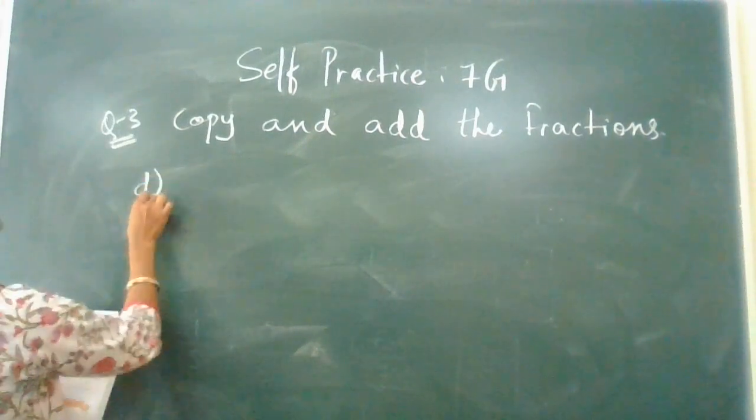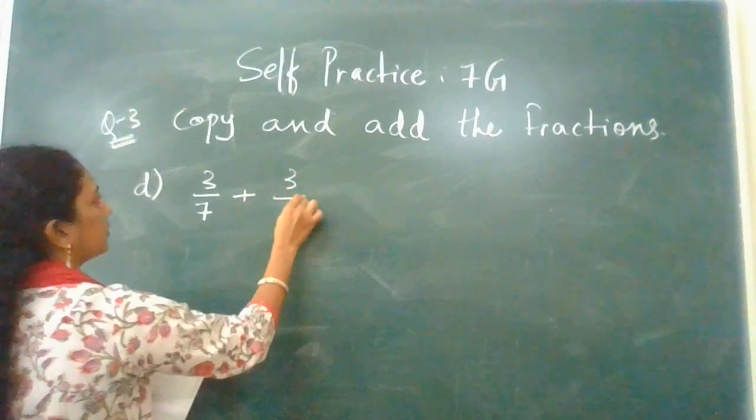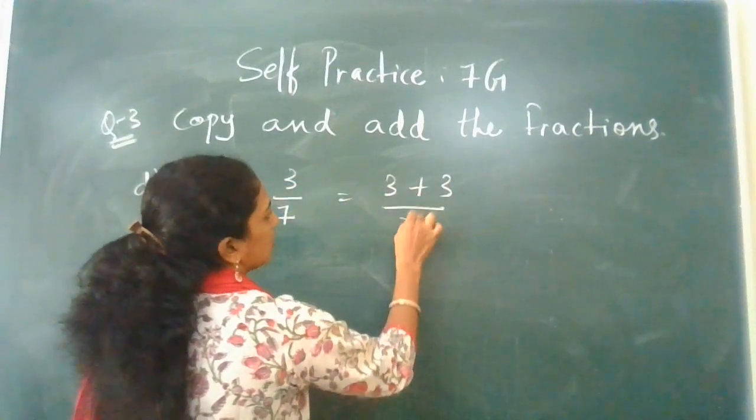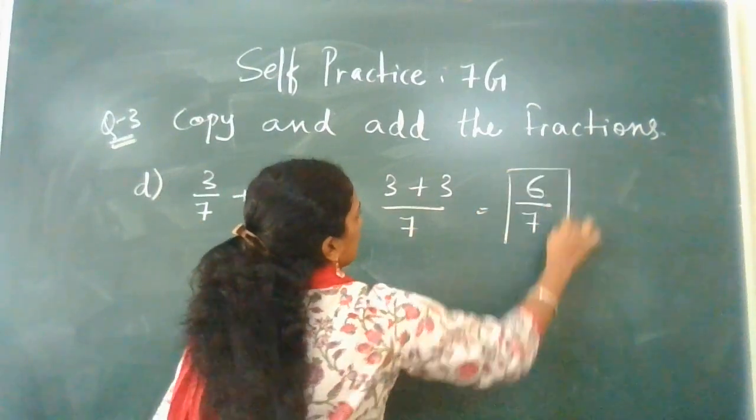Here is D, that is 3 upon 7 plus 3 upon 7. So here 3 plus 3 upon 7 and the answer is 6 upon 7.